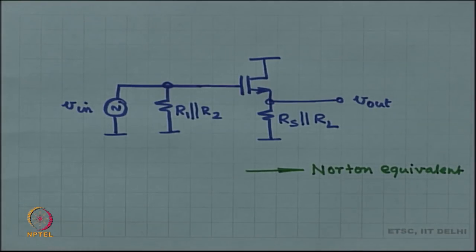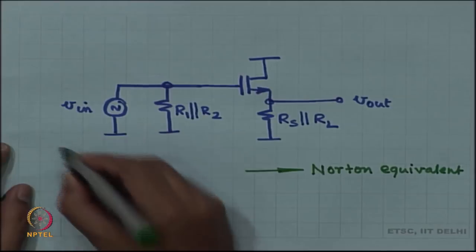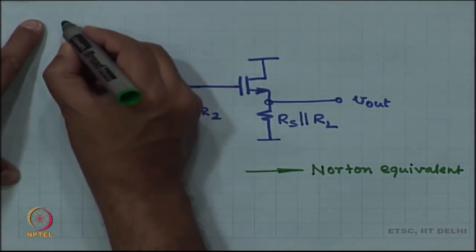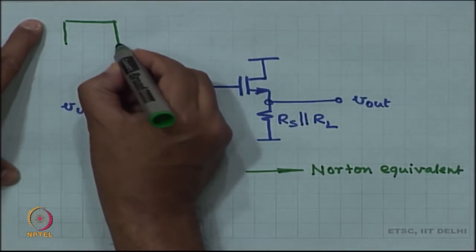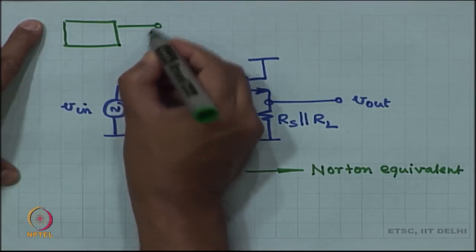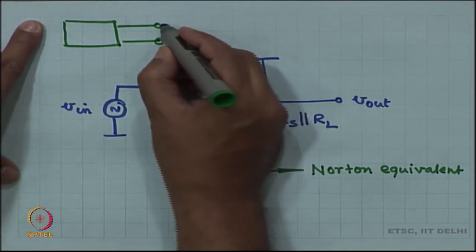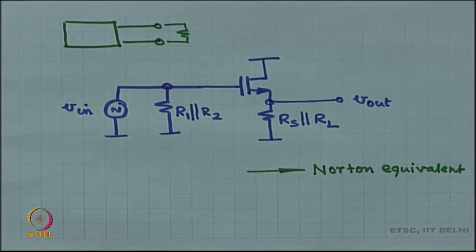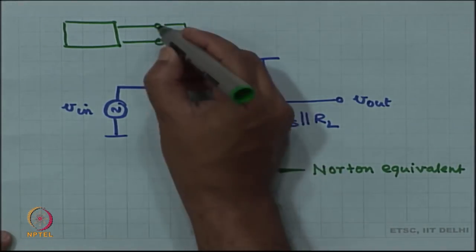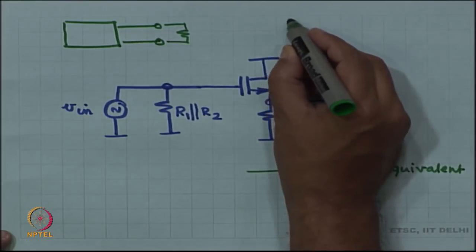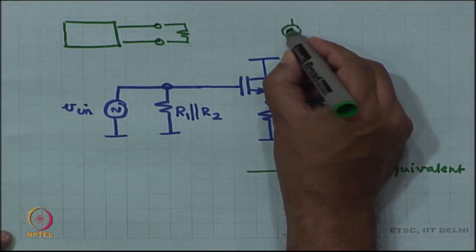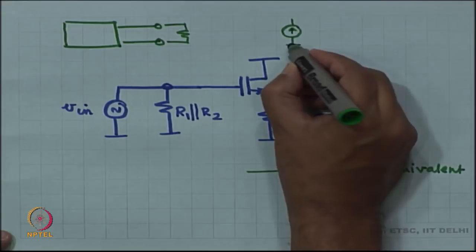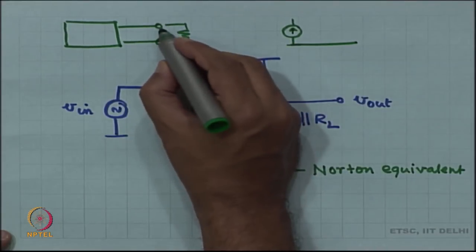Okay, this is the method that we are going to use to analyze the circuit. So, what do I mean by the Norton equivalent method? Recollect the Norton equivalent method. You have a box with two wires coming out, connected to a load resistance, right. So, you are going to model the box as a current source which happens to be the short circuit current, right.